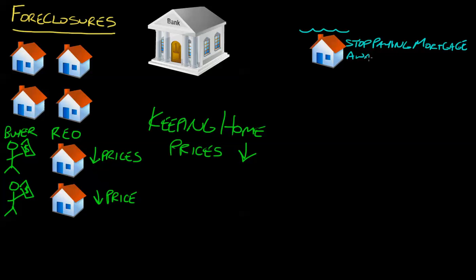They're just awaiting foreclosure, waiting for the banks to foreclose on them, because they would rather have the bank foreclose than continue paying on a property that they don't feel will ever be worth what is owed. And this is known as a strategic default.